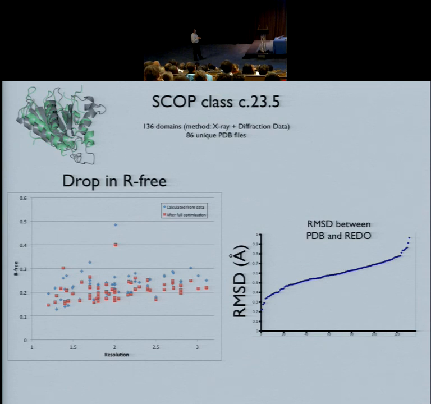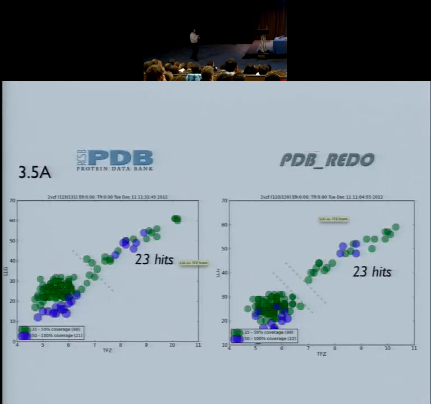So globally, PDB redo improved R-free by about 2%. Those are the improvements in the R-free for the individual structures in the subset. You can see the drops between the PDB and PDB redo, 2 to 3%. In the case of RMSD, the changes between the PDB redo and PDB subset are between 0.3 and 1 angstrom. So we ran this first test with the PDB data bank subset of domains.